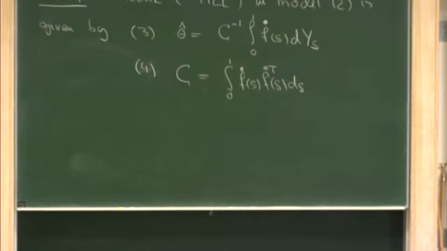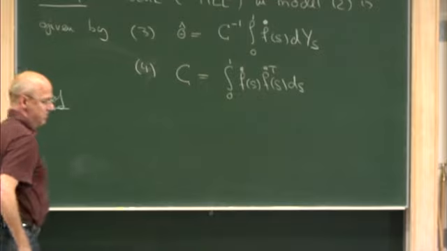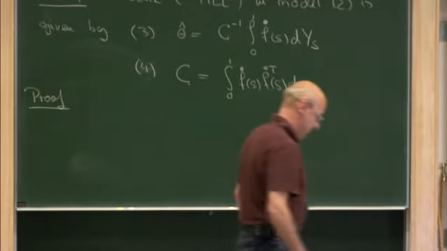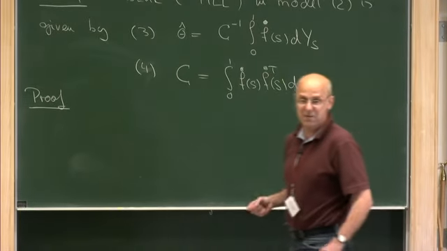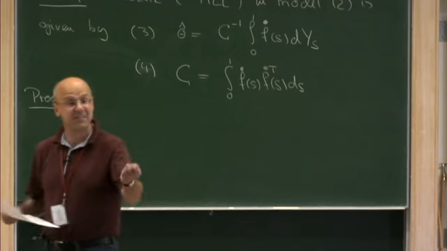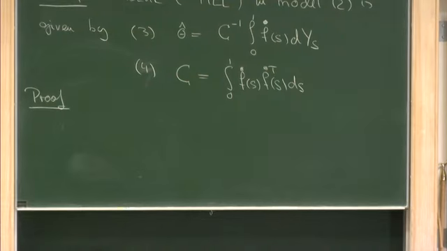Actually, the result is not in the book, but you can use the results of the book. So how do you prove that? You need some kind of Girsanov transformation, if you do mathematical finance or stochastic analysis.